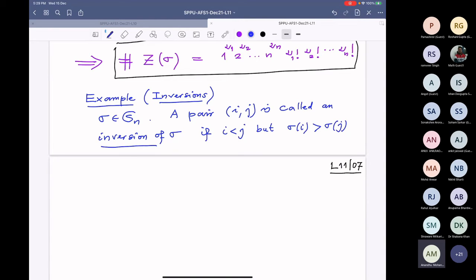You see, it changed the order. Therefore, it is called an inversion.